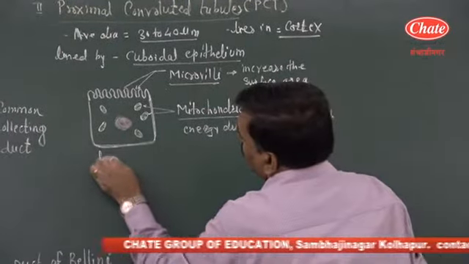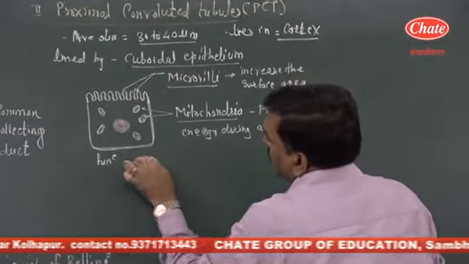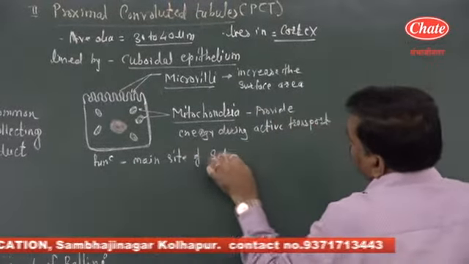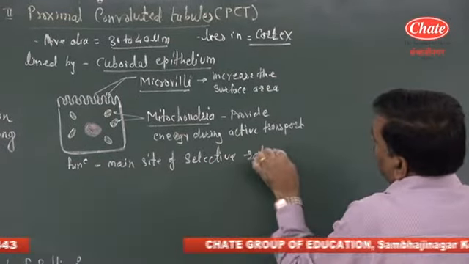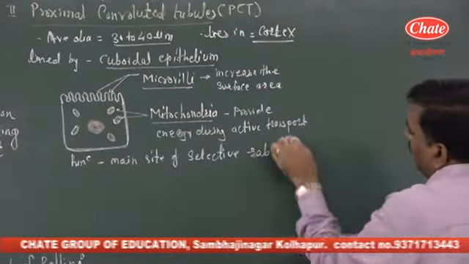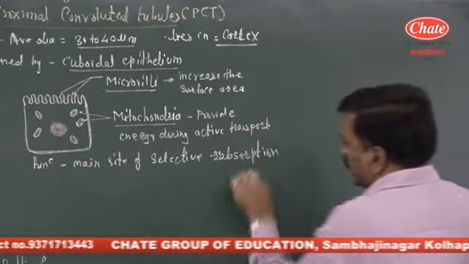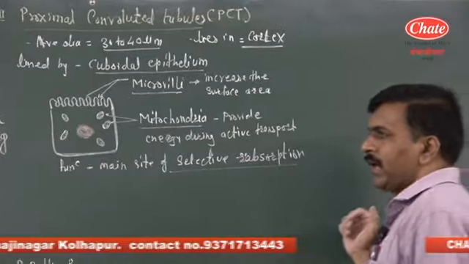And the function performed by these proximal convoluted tubules is that it is the main site of selective reabsorption. So it is the main site of selective reabsorption.